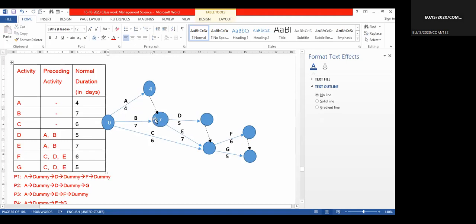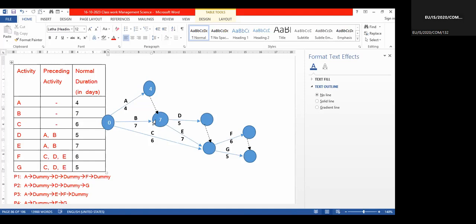7. Because why? 7 is the longest day. If you consider 4, we cannot complete the activity B because that requires 7 days. Within 7, 4 is included.